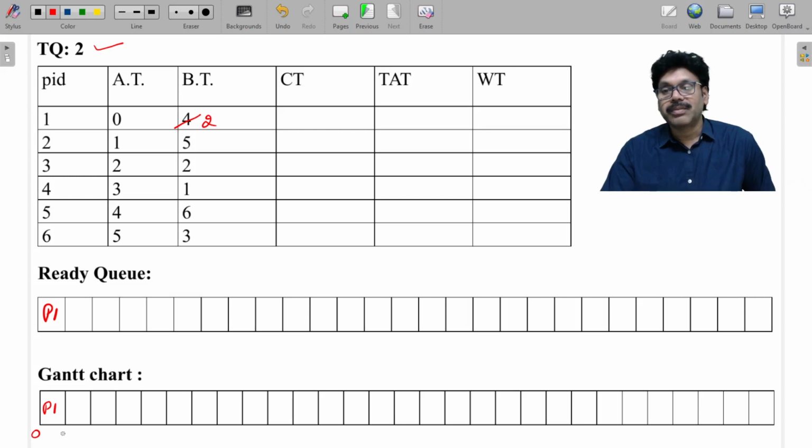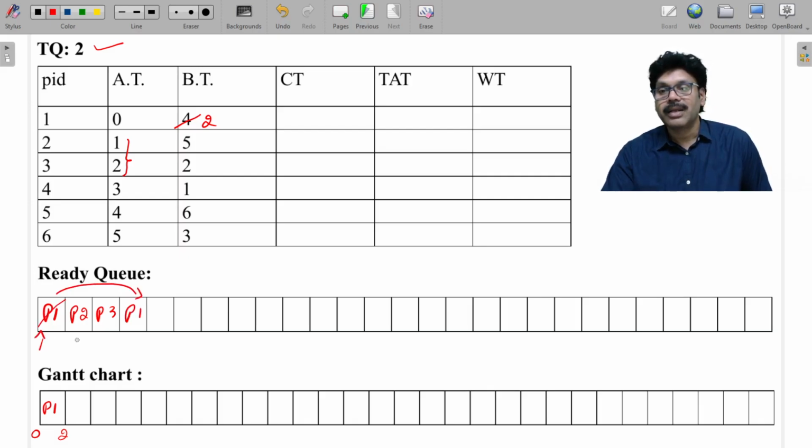During execution of P1 up to 2 time units, 2 more processes have come. P2 has joined, P3 also joined. Remember, during execution of P1, 2 more processes have joined. Then those 2 you need to drop into the ready queue. Now you check whether P1 is completed or not. It's not completed. Therefore, P1 will be added to the queue.